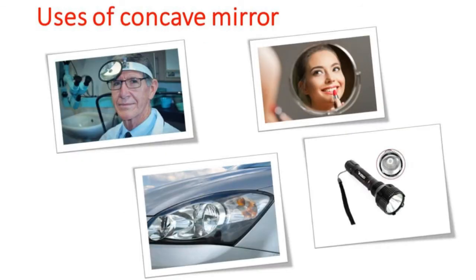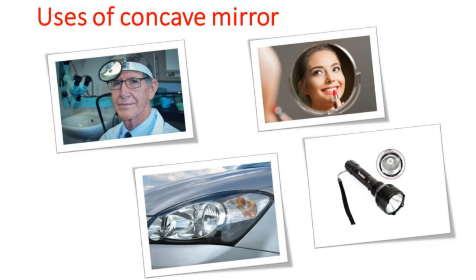Uses of concave mirror. Dentist head mirror: a parallel beam of light is made to fall on the concave mirror. This mirror focuses the light beam on a small area of the body, such as teeth, throat, etc. Makeup mirror: when a concave mirror is held near the face, an upright and magnified image is seen.